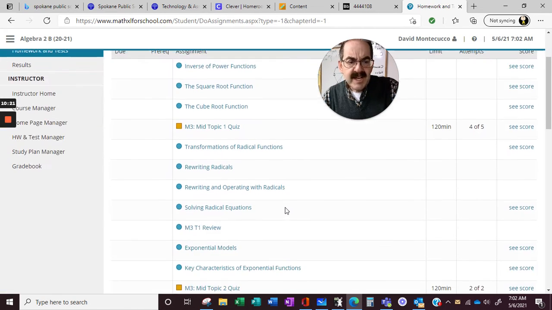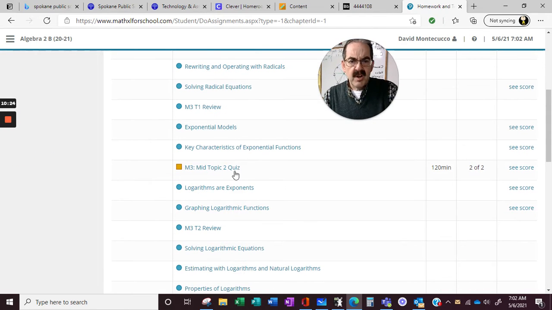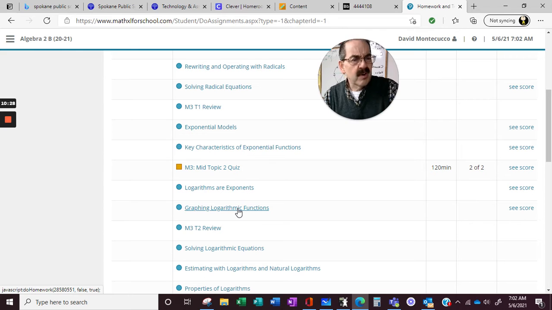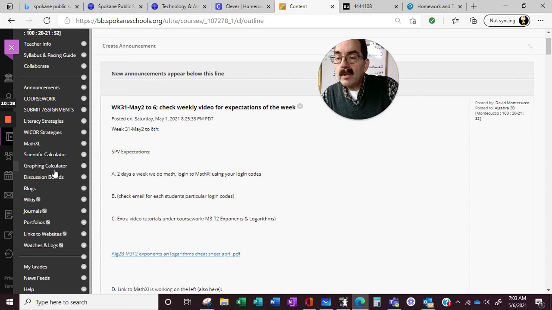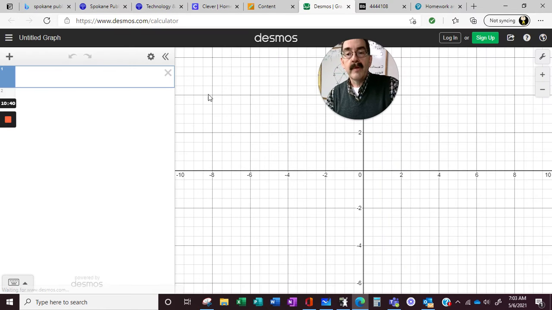In homework and tests, we started exponents, logarithm, graph a logarithm, and using the logarithm to graph. If you remember last time, we used the online graphing calculator. Whenever you're in the online graphing calculator, we had the log subscript.